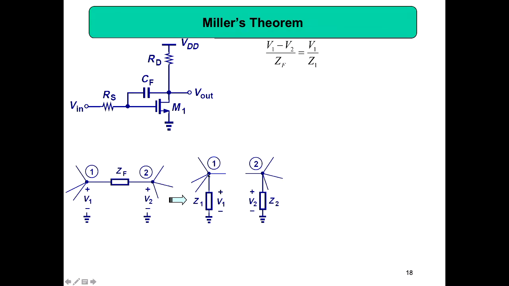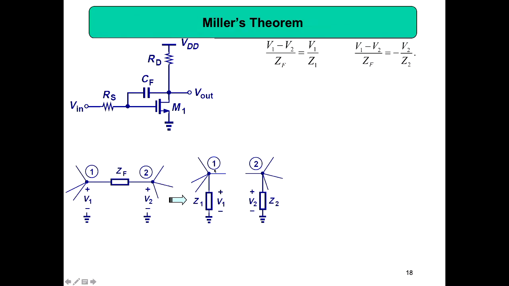That should be equal to V1 divided by Z1. If you are splitting like that, the same current should flow from this point to the ground. That is the reason for V1 by Z1, because V1 is the voltage between this point and the ground. This is the impedance of this split capacitor. If that is true, then you can split it.